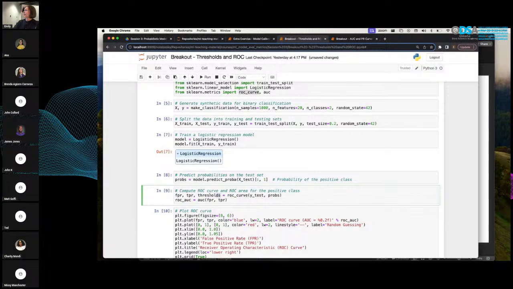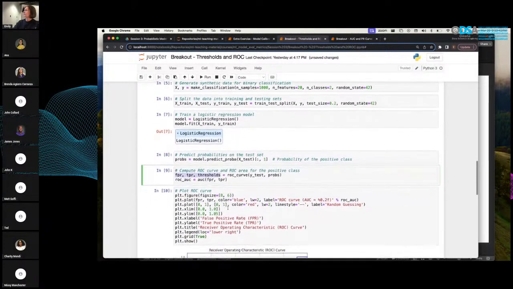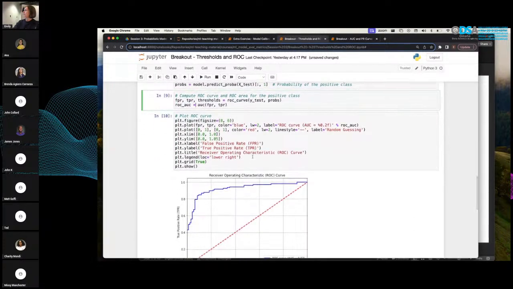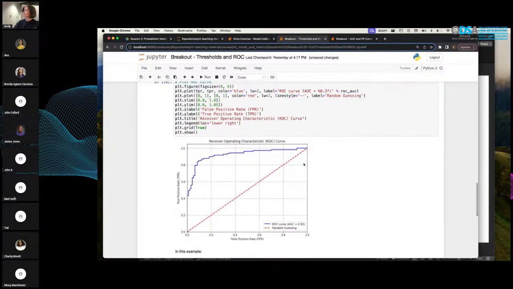And then out of that, we're going to get our thresholds, false positive rate, and true positive rate. And then we're calling roc_auc_score. Basically we create this receiver operator curve, this ROC curve. So here's the ROC curve. We just made some fake data, trained a logistic regression, and built this ROC curve. This is random guessing. And here's our model.